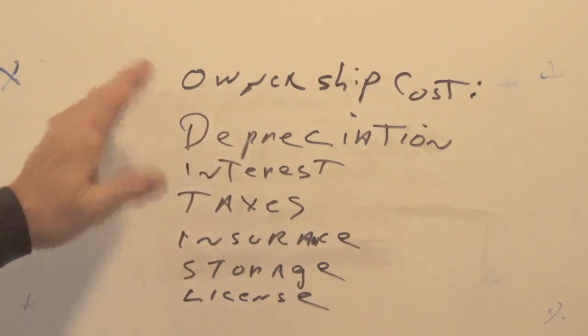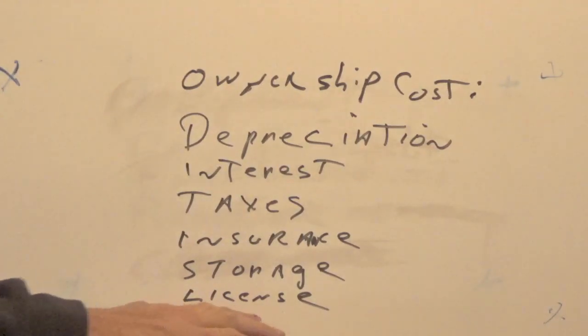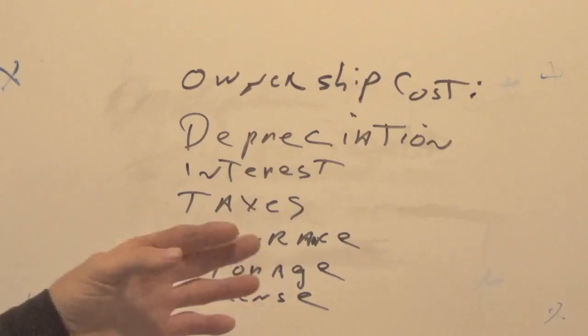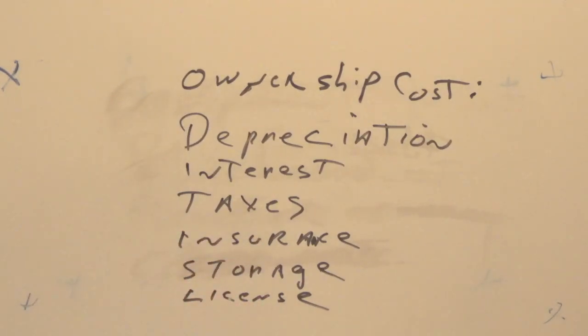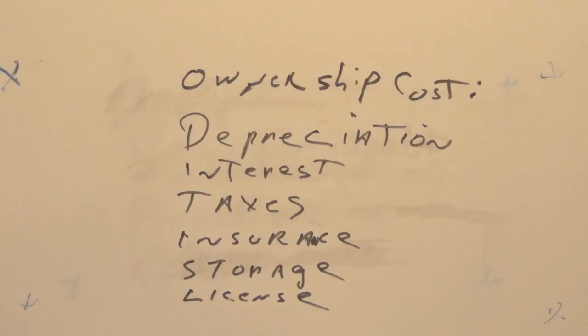But that's not part of ownership, the maintaining of it, so we don't want to get too involved. And then licenses. This is like if you have to own a car, you have to transfer it and things, the license part of it. Let's just say we'll stay with license plates for now. So that's basically what you got there under ownership costs, okay?